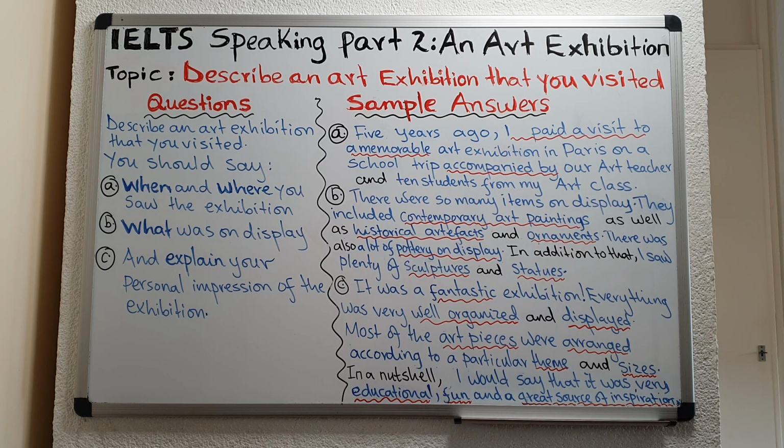I paid a visit to, a memorable, accompanied by, contemporary art paintings, historical artifacts, ornaments, pottery on display, sculptures, statues, fantastic, well-organized, displayed, art pieces, arranged, theme, sizes, educational, fun, a great source of inspiration.